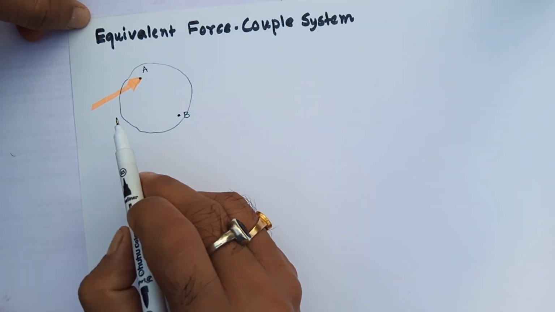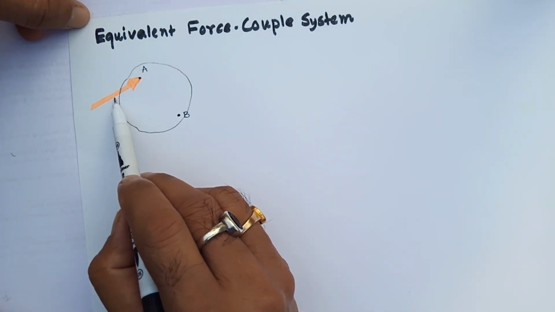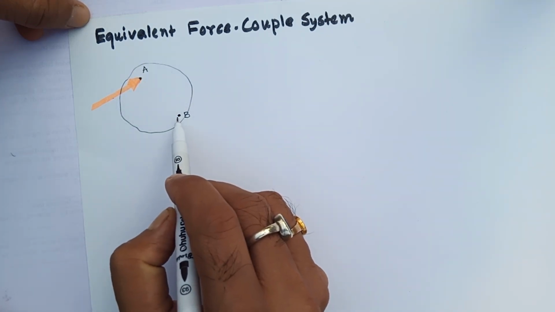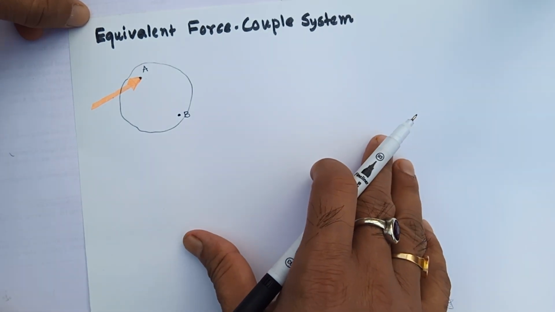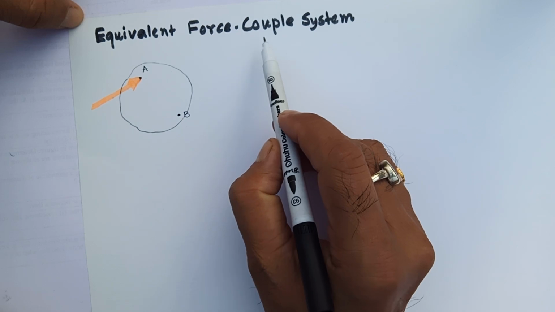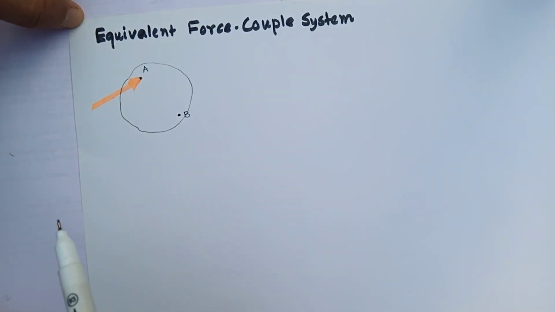I want to transfer this force from point A to point B. So how to transfer that? That is the topic of discussion under this heading, equivalent force couple system.